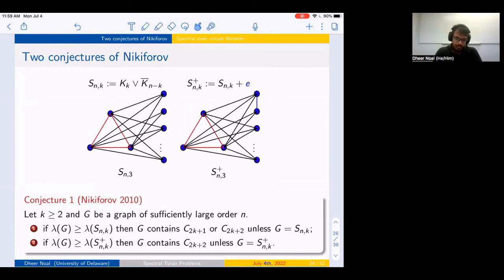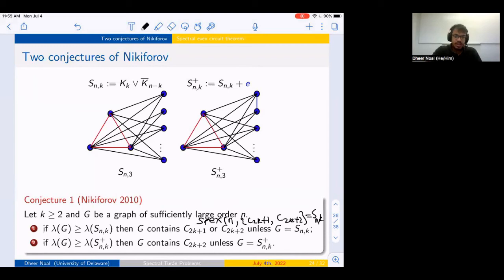So this can be thought of as saying that spex(n, C_{2k+1}, C_{2k+2}) is equal to S_{n,k}. So the spectral extremal graph when forbidding C_{2k+1} and C_{2k+2} is S_{n,k}.